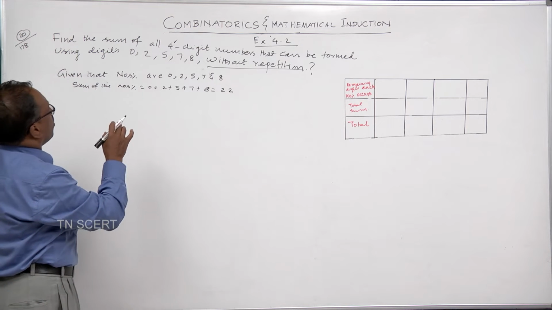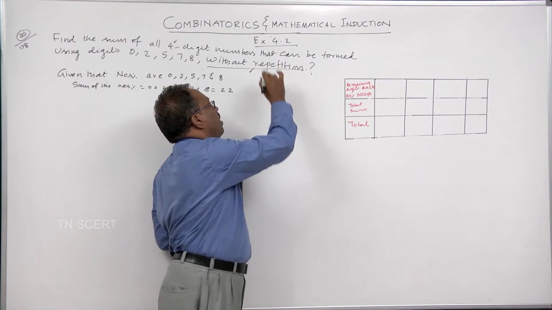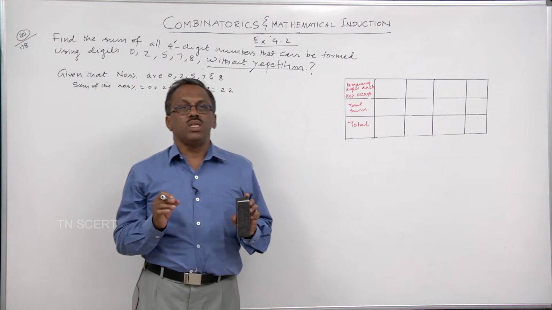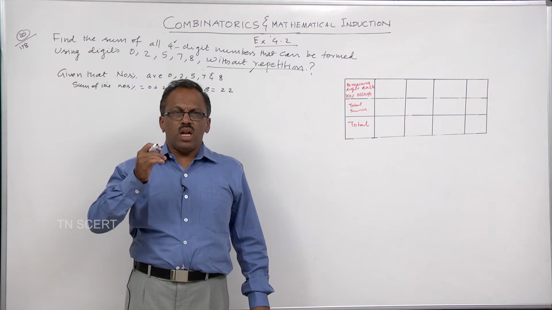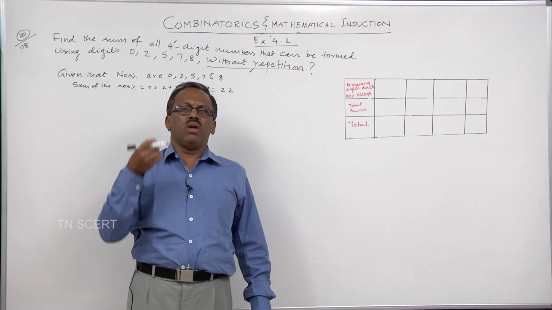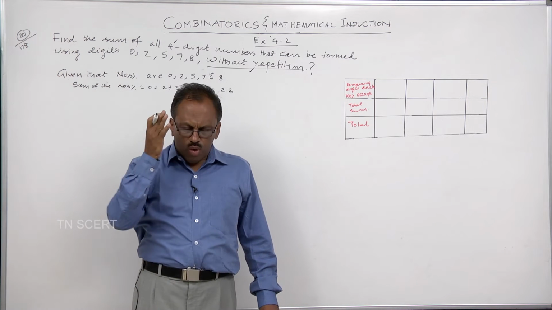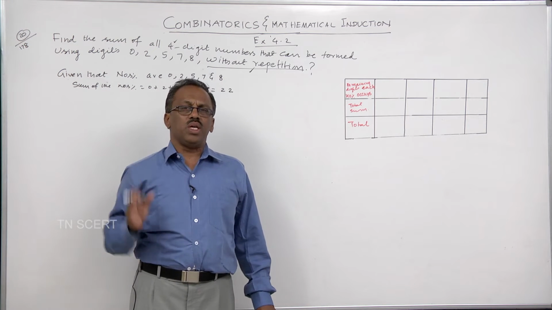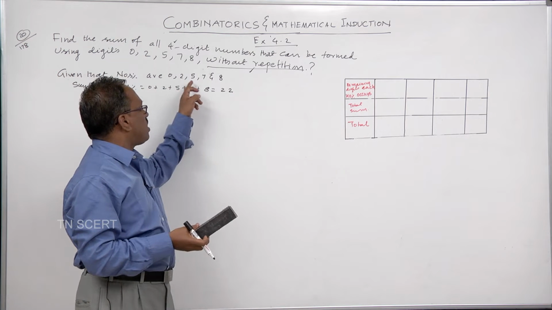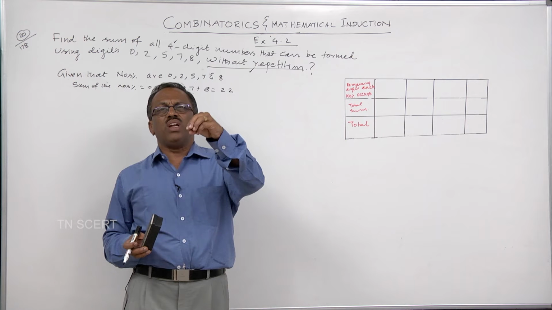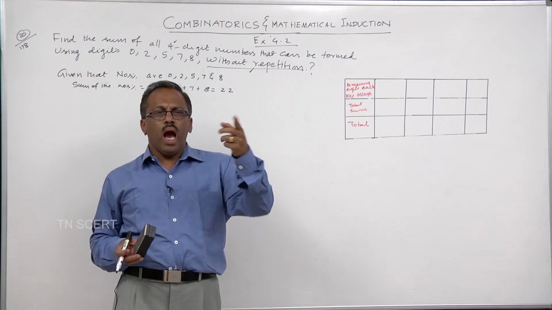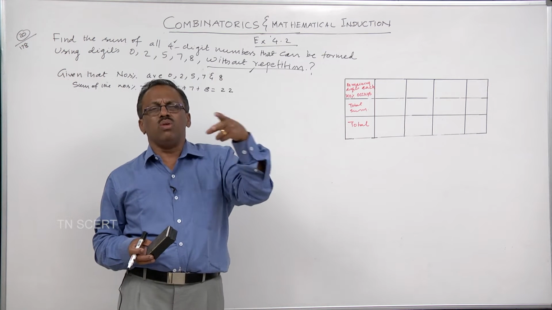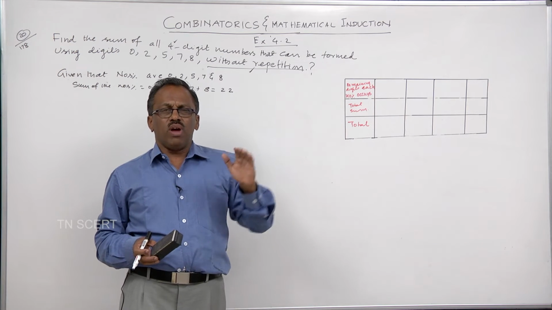Then, we have to think about the condition given: without repetition. Without repetition means once you allocate a number, it should not be given to another place. For example, with 2, 5, 7, 8, once I give 8, I should not allocate the same number again to another place.